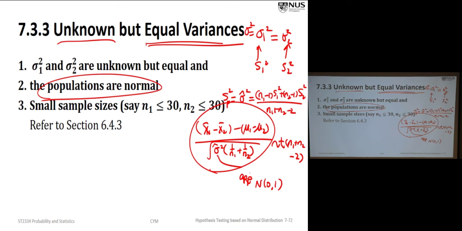So maybe the idea is that whenever you don't have normal populations, you need big samples, bigger than 30, in order to apply the central limit theorem. And in fact, the weak law of large numbers, but just apply the central limit theorem. Then we've got an approximate normal distribution. So that's the idea: no normal population, you compensate with large samples.